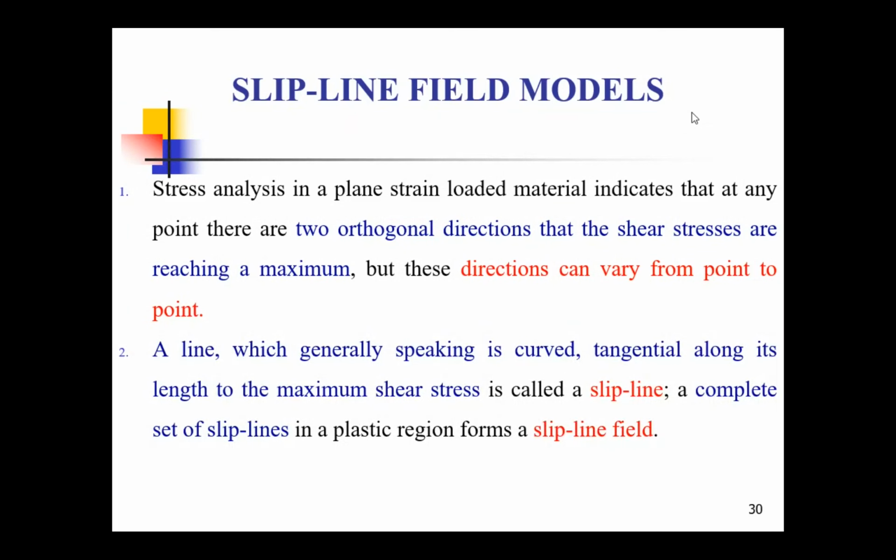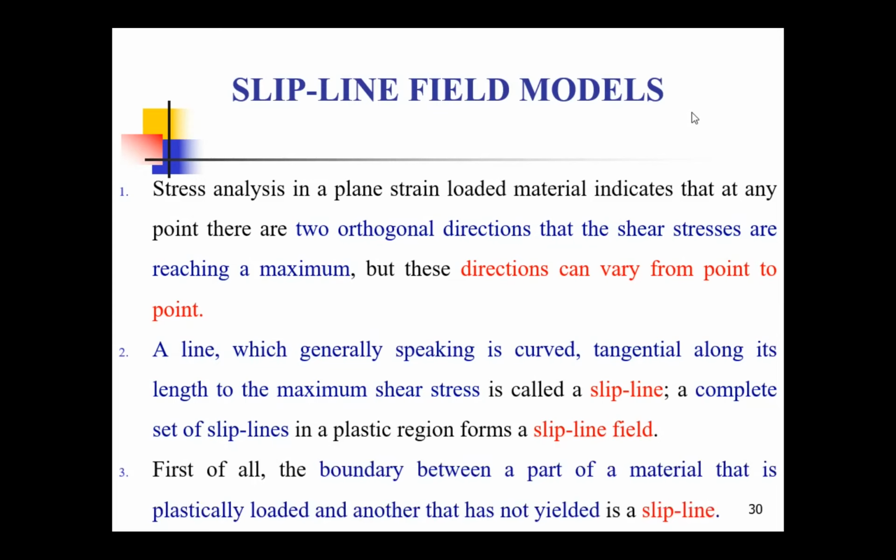Here we come across two important things. One is the slip line and the other is the slip line field. A line that is tangential along the direction of maximum shear stress is called a slip line. A set of slip lines in the plastic region is called a slip line field.